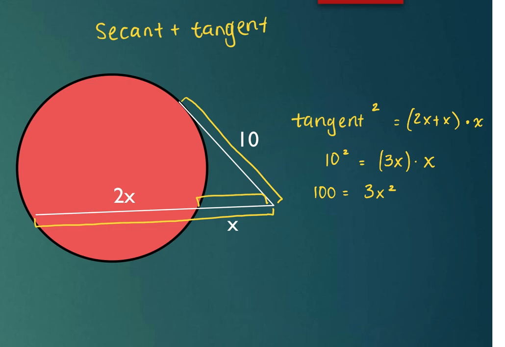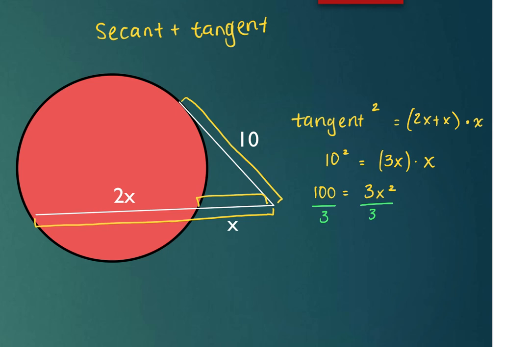And now we just have to solve. What would we do to solve this? A little bit of algebra. Get x alone. Yep. How do we do that? Divide by 3 and then square it? Yeah, let's divide by 3 first.